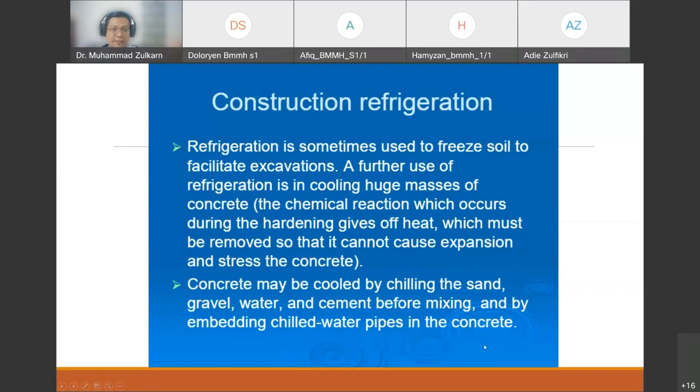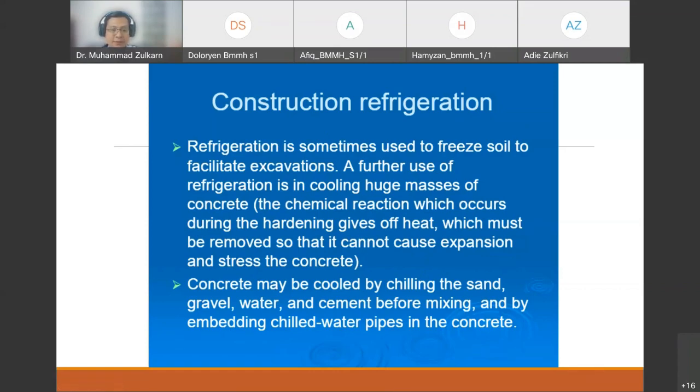Refrigeration is sometimes used to freeze soil to facilitate excavation. Another use of refrigeration is in cooling the heat mass of concrete. You can see the applications are actually very wide, so you can choose what project you want to develop.